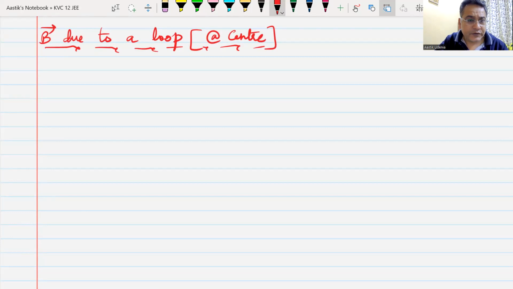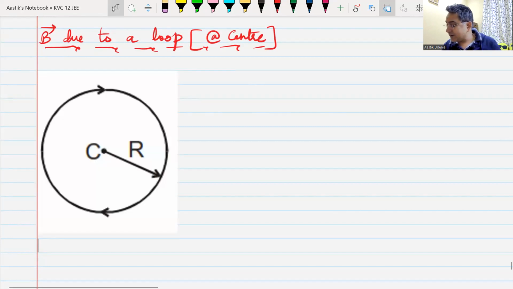We don't have to worry much about the other points. The other point is a point on the axis of the loop. We will deal with it tomorrow, maybe. This is a circular loop. It carries current I in the clockwise sense, and you have to find out the magnetic field at the center of the loop.